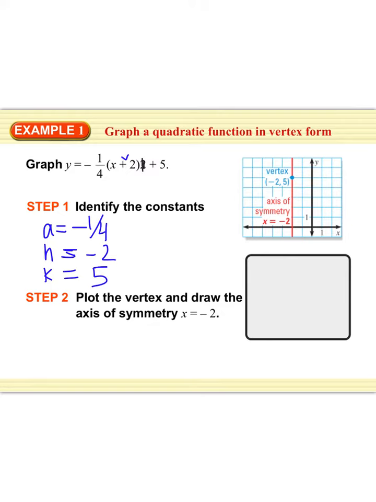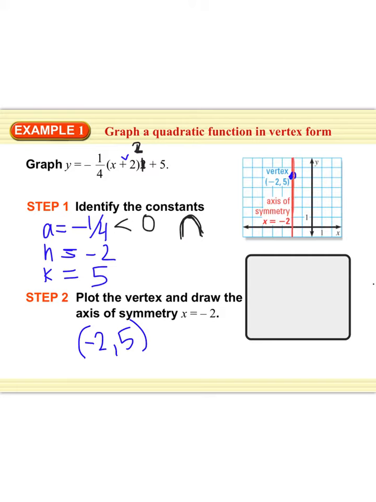And this little guy should be the exponent. So looking at our a, since negative 1/4 is less than 0, we know that our parabola is going to be opening down. We also know from the slide before that our vertex is (h, k). So we have (negative 2, 5) is our vertex, and we can go ahead and plot that.